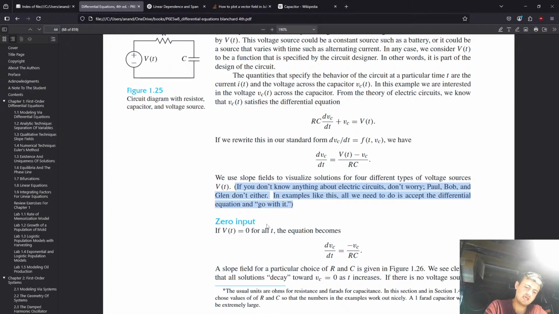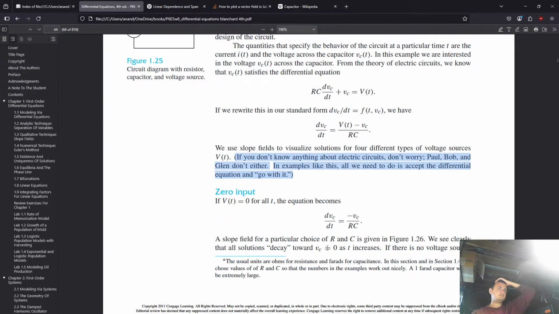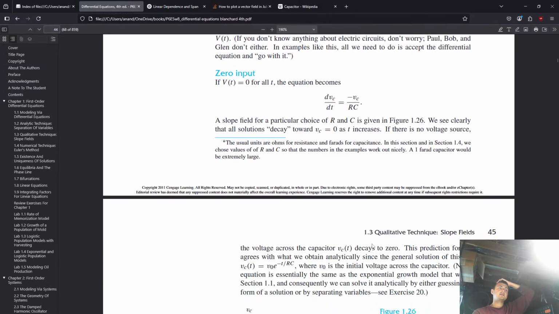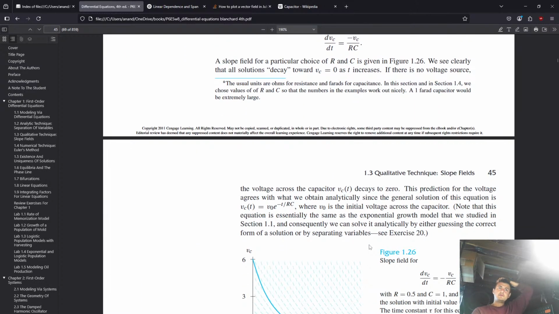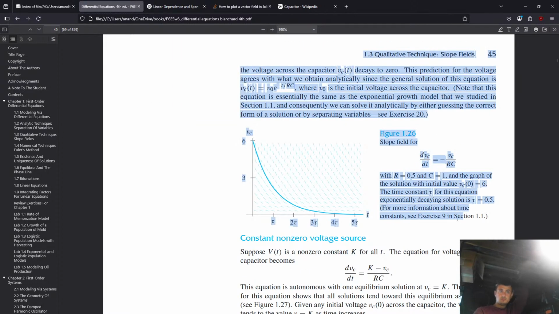So it's going to decay exponentially to 0, or increase to 0, but it's going to go to 0 no matter what. Oh wow, I didn't even read that, but yeah, that's exactly right.